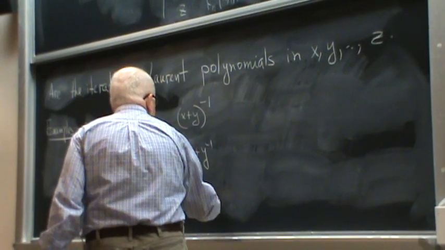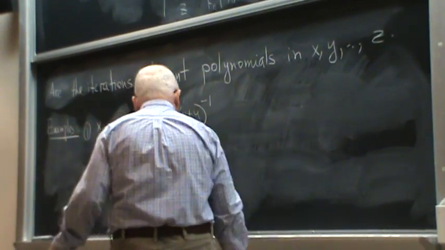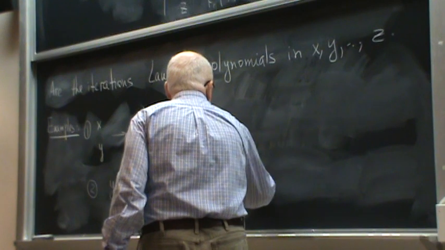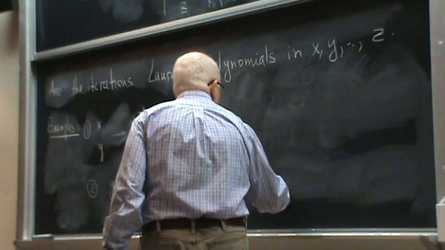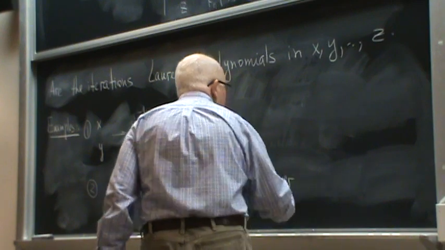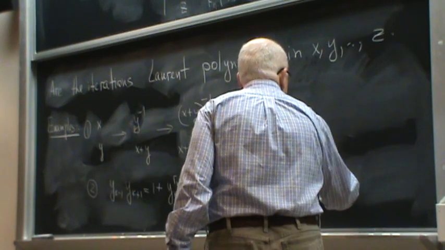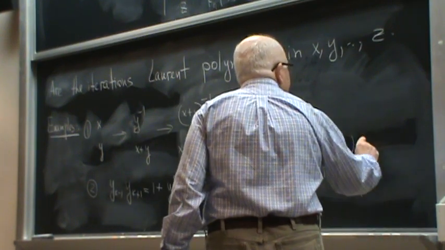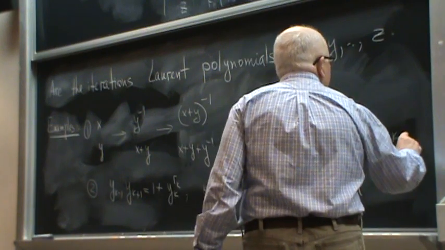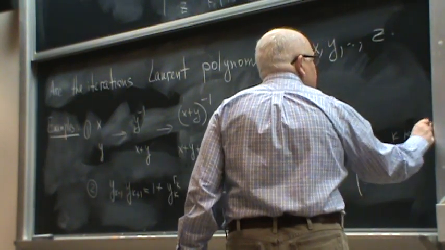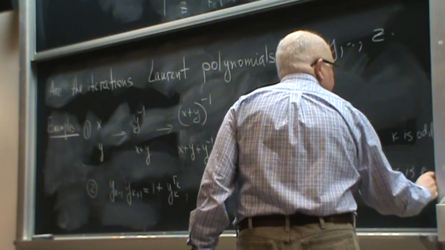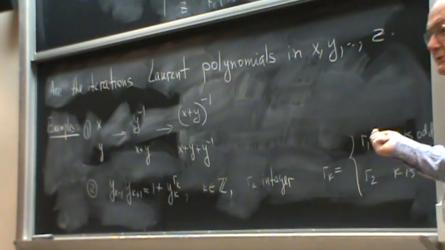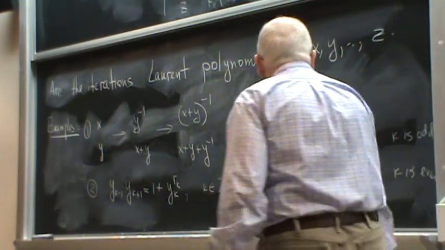Here k is an integer, and r_k is also an integer, and we assume that r_k is equal to r1 if k is odd, and r2 if k is even.